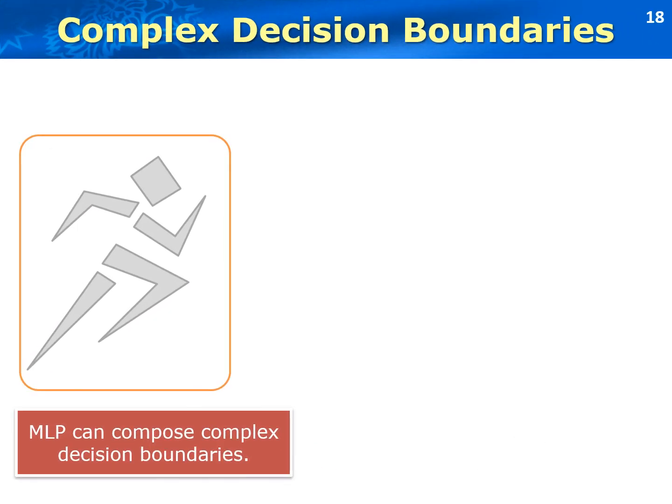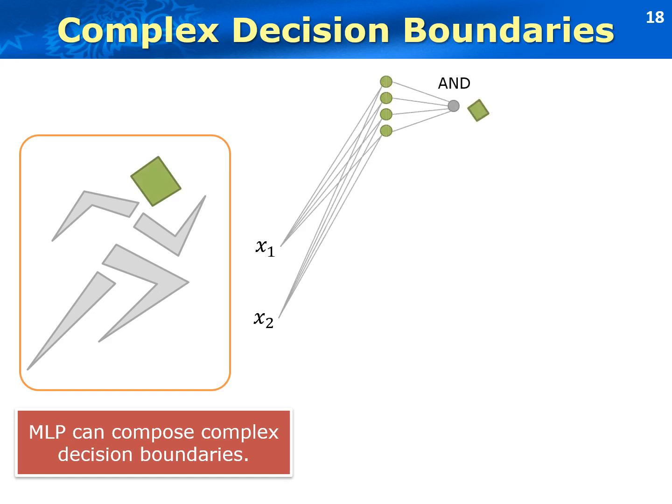Consequently, we can use the multi-layer perceptron to represent complex decision boundaries, for example, an athlete-like shape. In this representation, the multi-layer perceptron is structured as follows. We have 2 inputs, x1 and x2, denoting the 2-dimensional data points on a plane. We first depict the head of the athlete, which has 4 sides, corresponding to the 4 perceptrons combined by an AND gate.